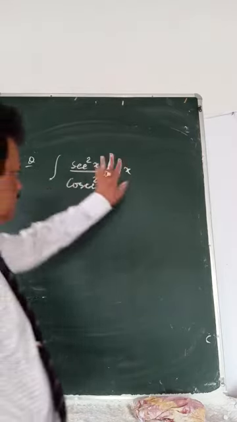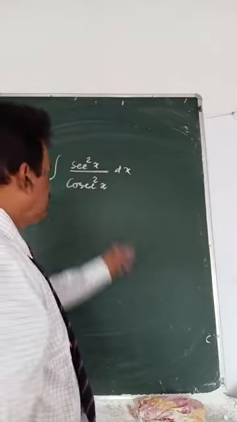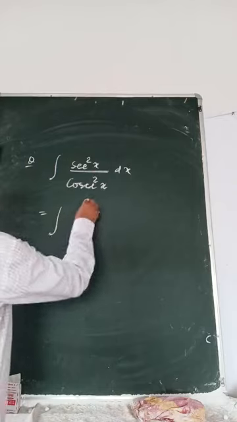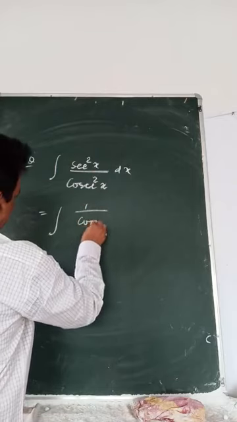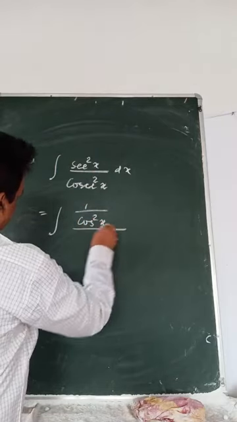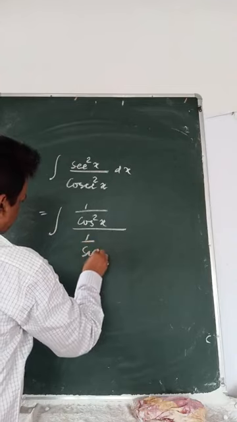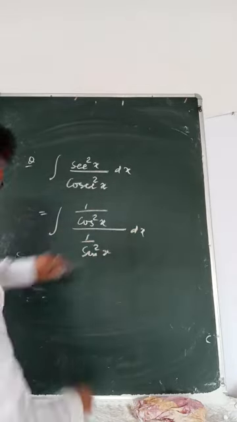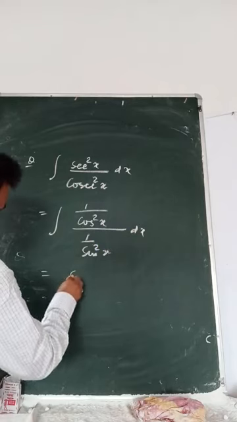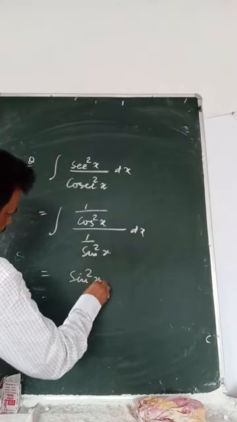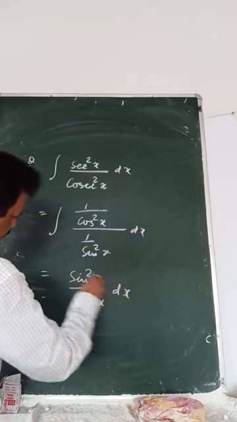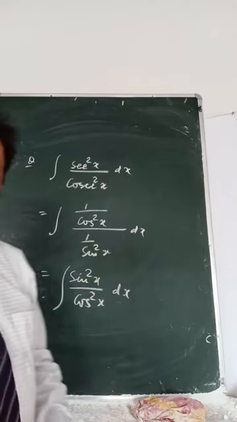We have not learned the division rule, so we will try to simplify. How to simplify? Now 1 by cos square x, 1 by sin square x. So it will be reciprocal. This is sin square x by cos square x. Okay, it became reciprocal now.